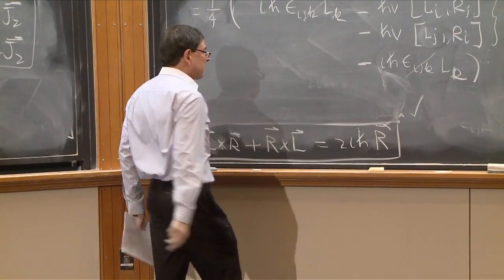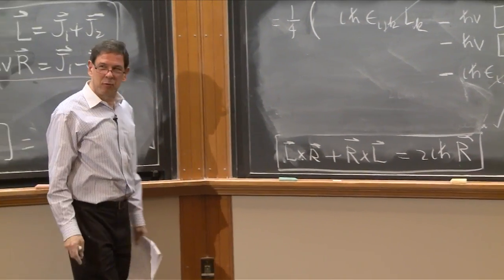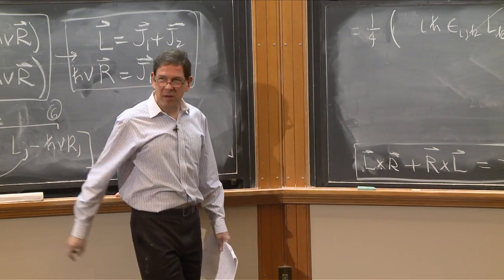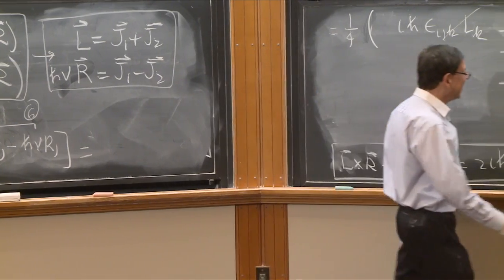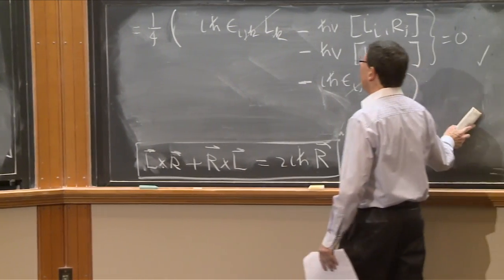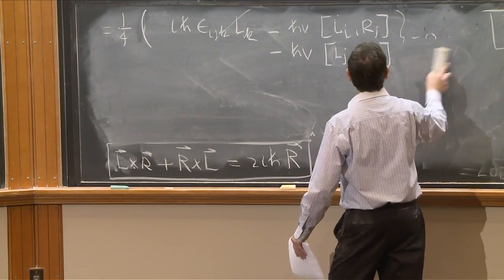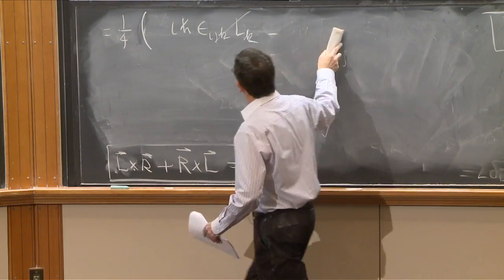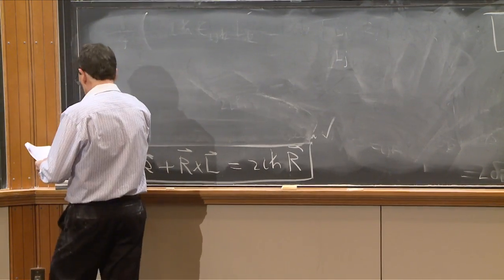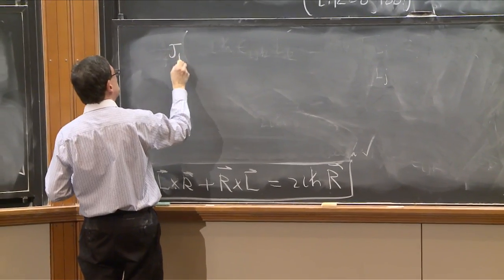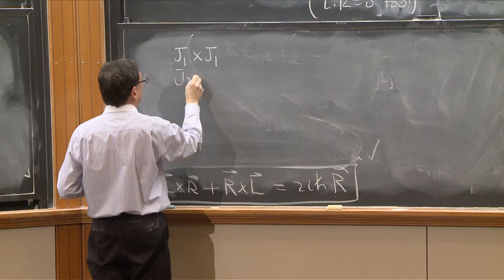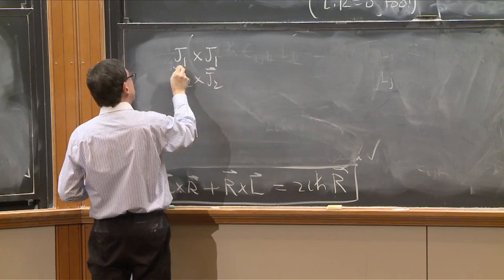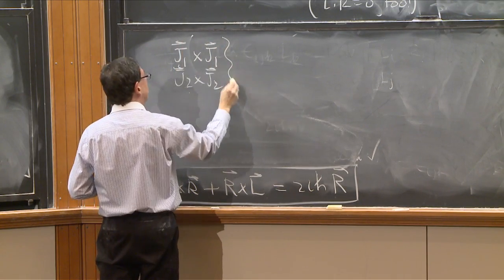So again, for saving room, I'm going to erase this formula. It will reappear in lecture notes, but now it should go. So the next computation is something that I want to do: J1 cross J1 or J2 cross J2 to see if they form angular momenta.